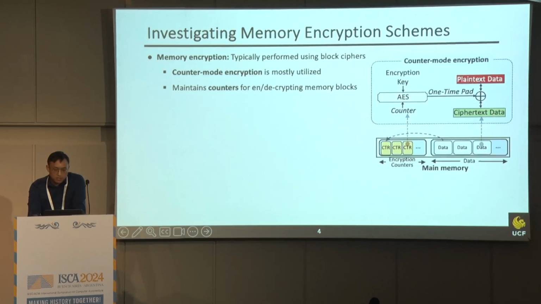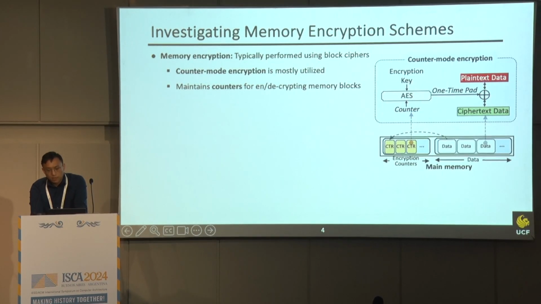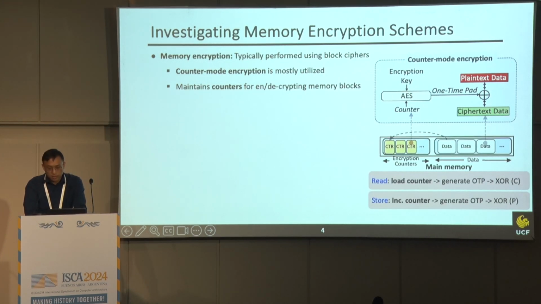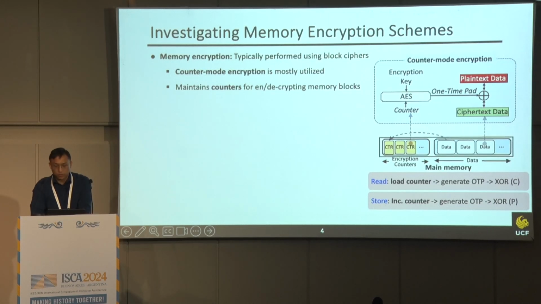We first investigate memory encryption schemes. Memory encryption is typically performed using block cipher, and counter mode encryption is mostly utilized. In counter mode encryption, the processor maintains counters to encrypt or decrypt memory blocks. Specifically, for data read, the counter corresponding to the data block is loaded first, then used as a seed to an AES engine, which generates a one-time pad, or OTP.